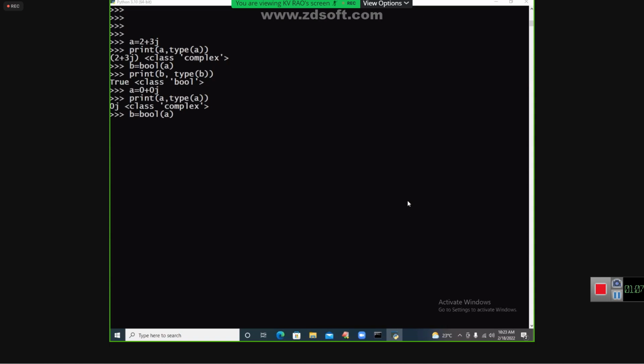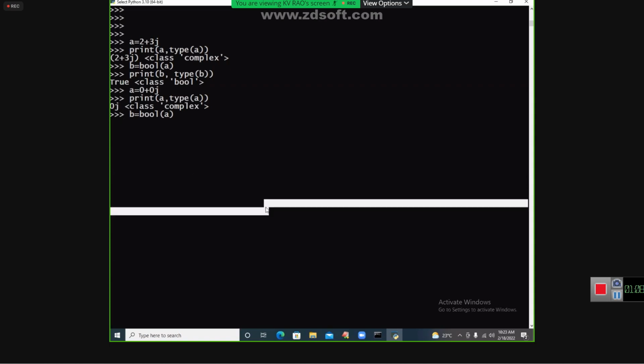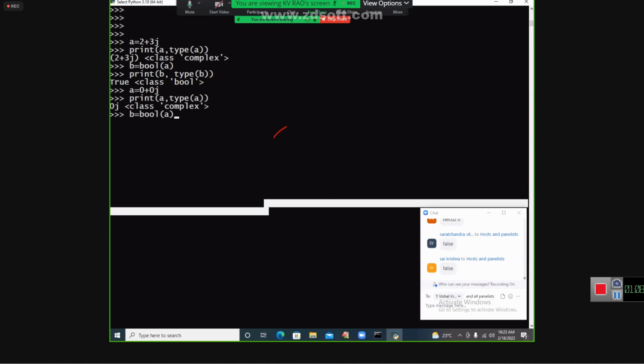Vishal and Pavan are saying true. That is a blunder. They are thinking that j is equal to square root of minus 1, so it is not 0. My dear students, 0j means 0 into square root of minus 1, which is equal to 0 only.